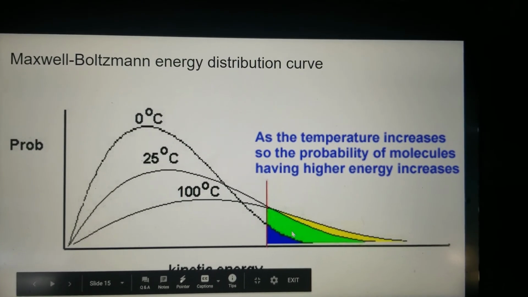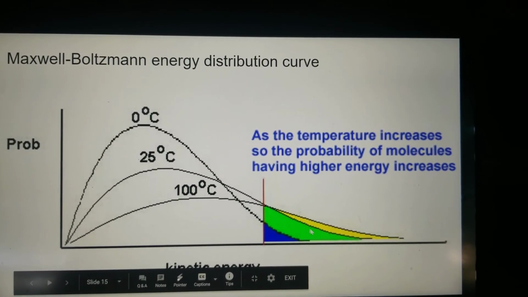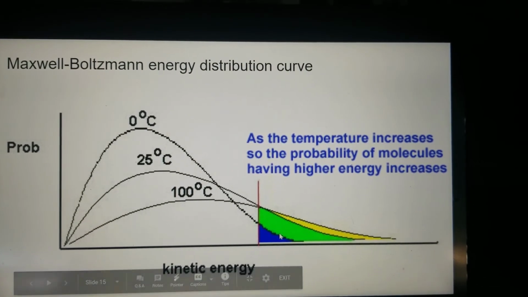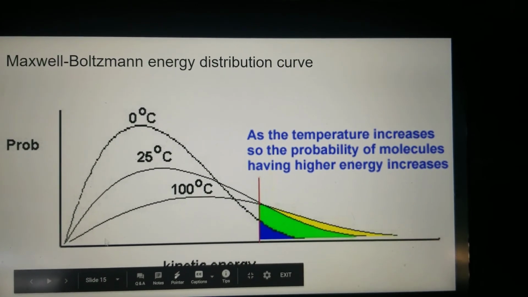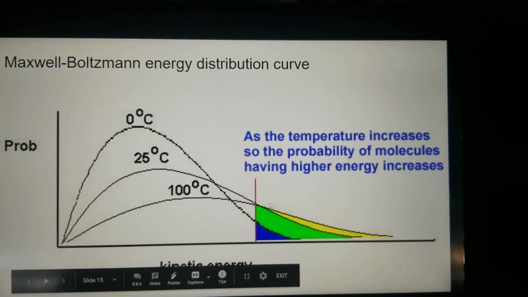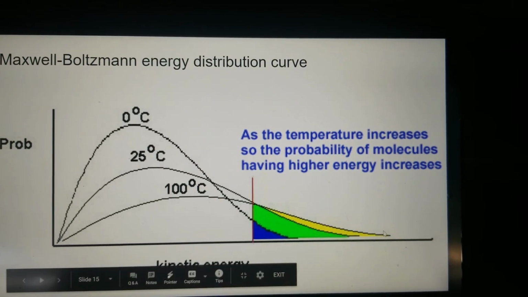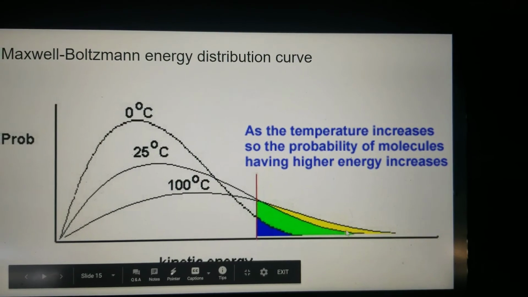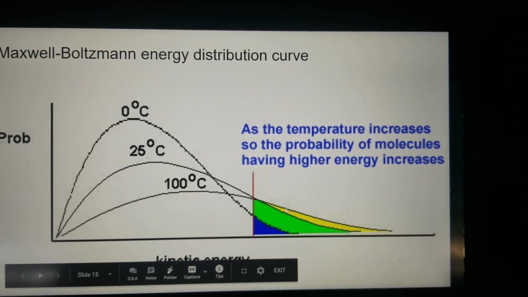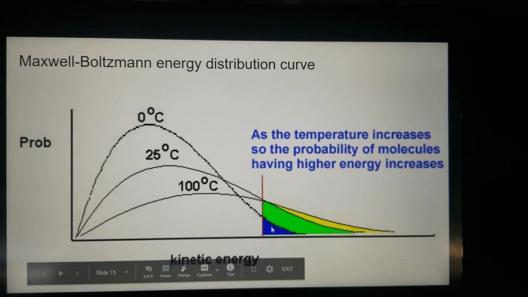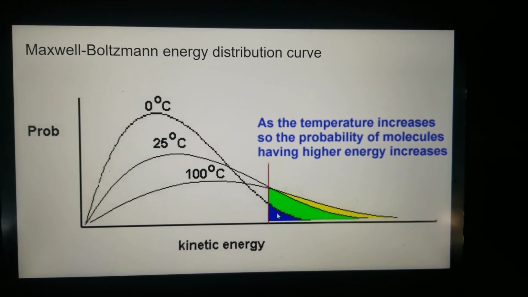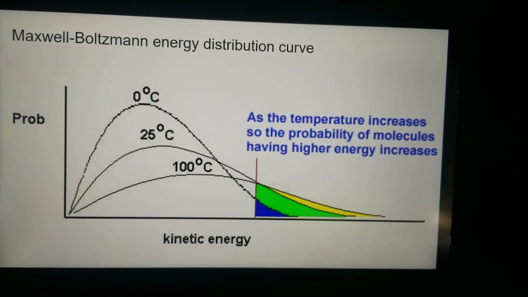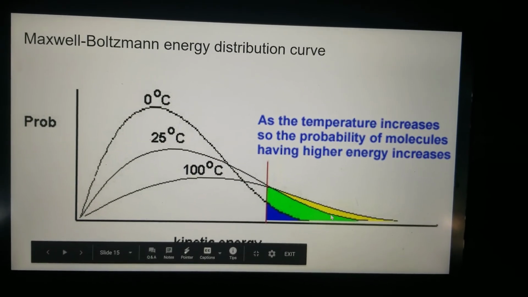So now you have more particles that are going to have enough kinetic energy and potentially undergo the chemical reaction. And then as the temperature increases to 100 degrees, notice that is under the yellow. So you've got the yellow, the green, and the blue. This entire area now is representing all the particles that will have enough kinetic energy to form a chemical reaction. So the probability increases with higher temperatures.